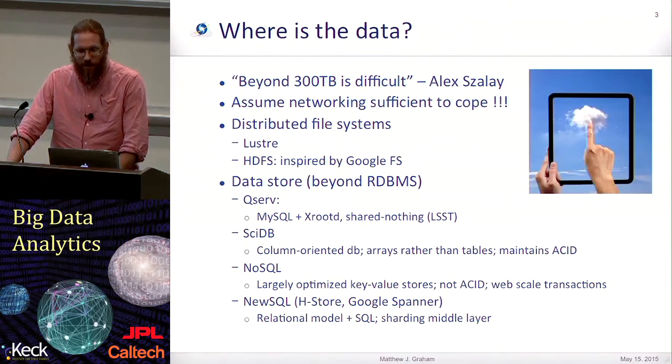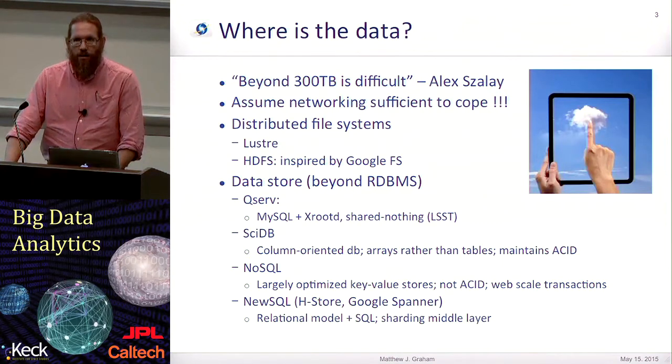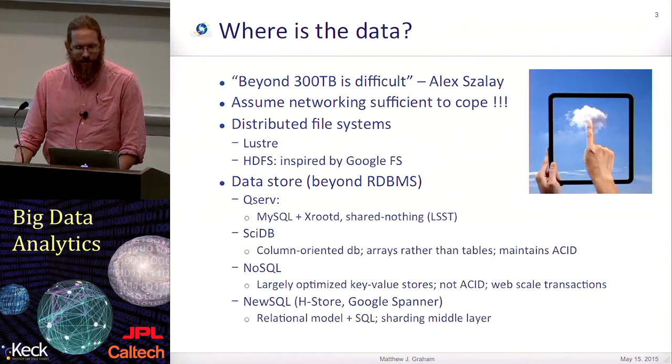But there is this maxim that when your data set is bigger than about 300 terabytes, working with it in a relational database becomes difficult. And you may then be working with it in some sort of non-relational database or NoSQL, and you can watch one of the modules in the database section for some discussion of that.